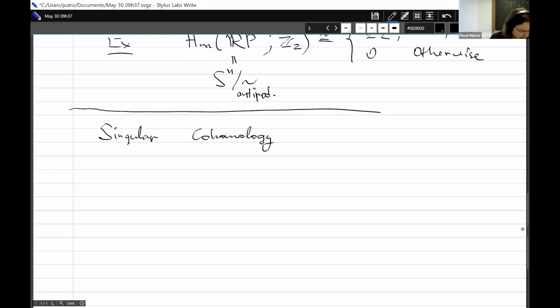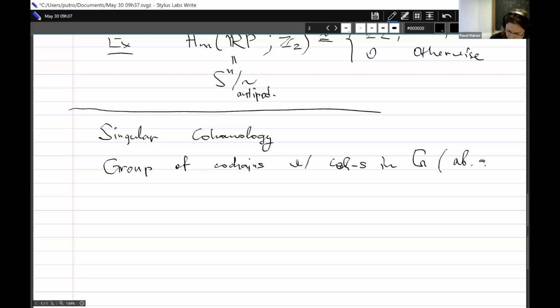So how do we define these singular cohomology groups? We consider first the group of cochains with coefficients in G, which we assume to be an abelian group again.